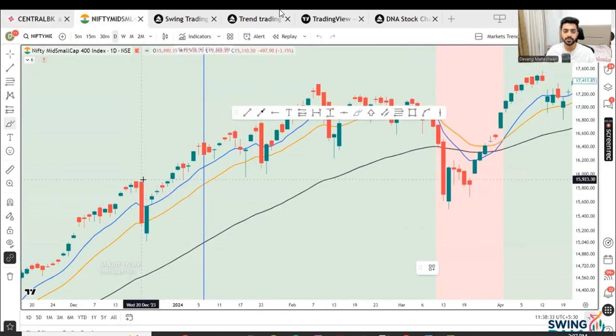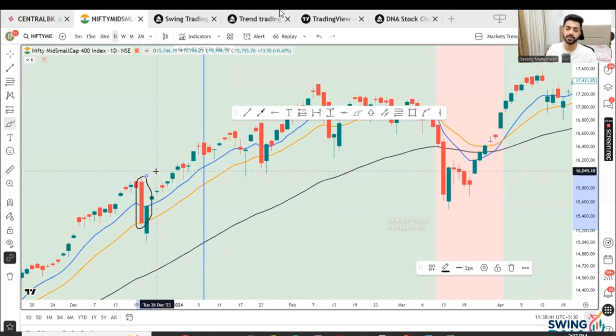This is a 3.1% negative candle. Like in previous sessions also we understood that a lot of things depend upon the indices itself, or upon the overall market itself. And when you have such big shakeout days, you're bound to get stopped out.